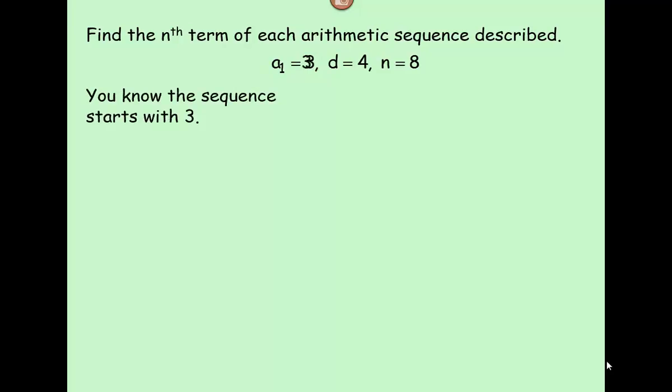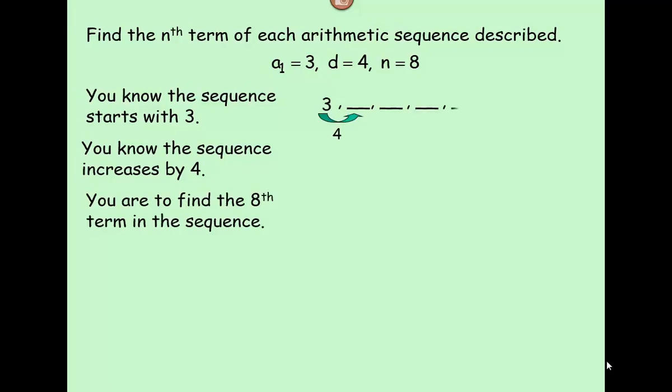So I could say the sequence starts at 3, my common difference is 4, and then I could put 7 little blanks and work my sequence out till I got to my 8th term. That wouldn't make much sense. I mean, you can do it, but it's a lot of work that we don't have to go through.